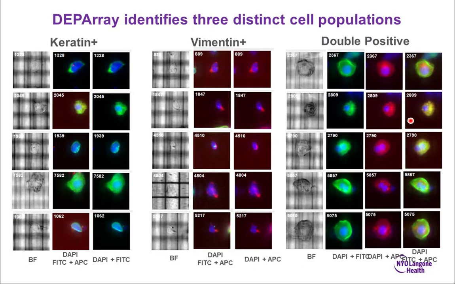Are these fibroblasts that because of cancer are picking up expression of keratin, or are these cancer cells that are going through epithelial mesenchymal transition and they're starting to express Vimentin? So, the proof is in DNA.